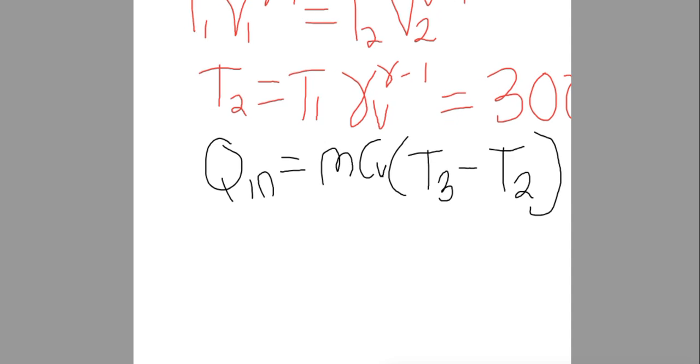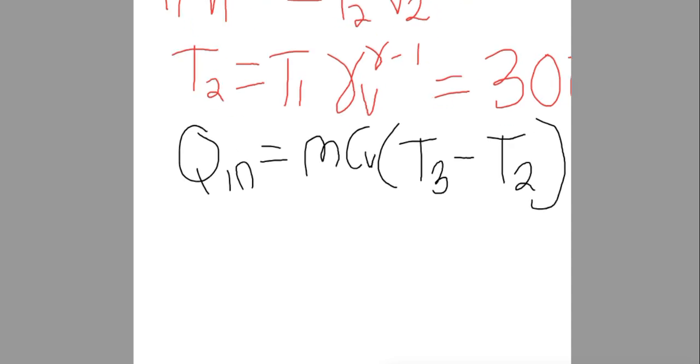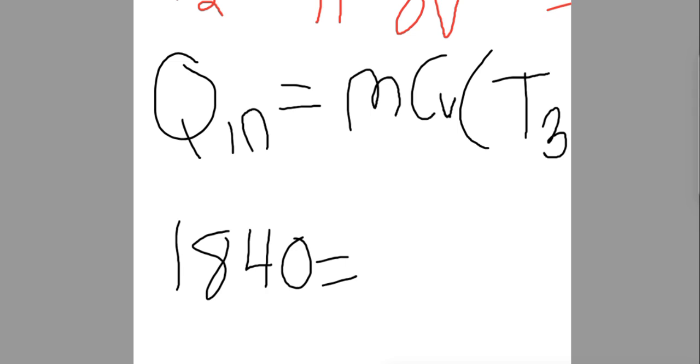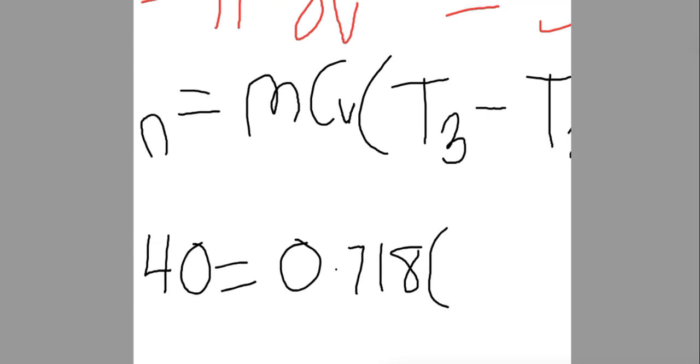We have 1840, which is our heat added, in kilojoules per Kelvin, is equal to mass is 1, then our Cv is 0.718. When we open our brackets, we have our T3.